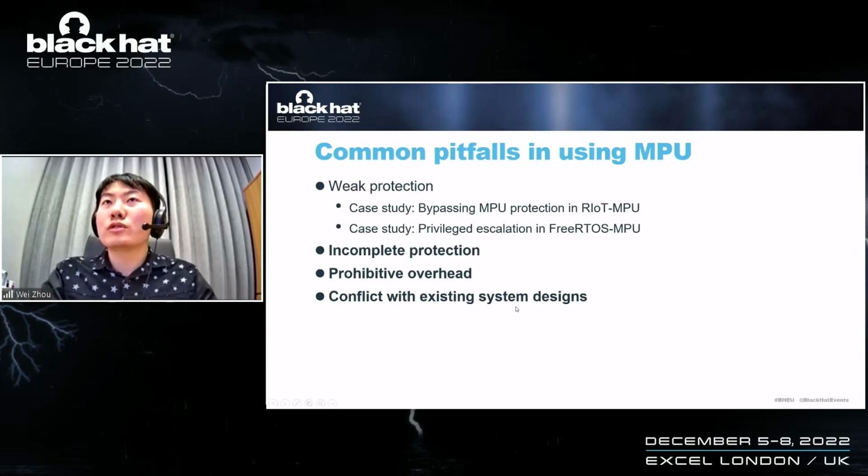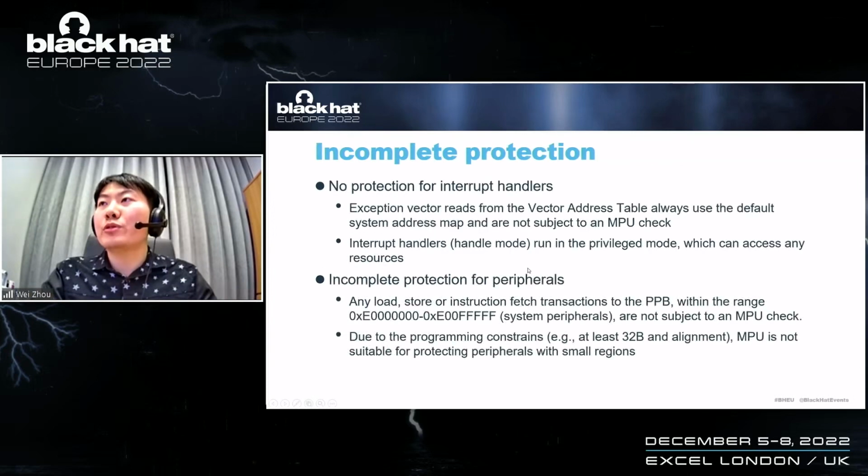Now we will also discuss some other pitfalls of the MPU. Even if the implementation of the MPU has no vulnerabilities, the protection provided by the MPU is very limited. For example, it cannot protect the interrupt handlers, since the interrupt vector address tables cannot be checked by the MPU, and the interrupt handlers always run at the privileged level. So the developer cannot assign specific interrupts to unprivileged tasks.